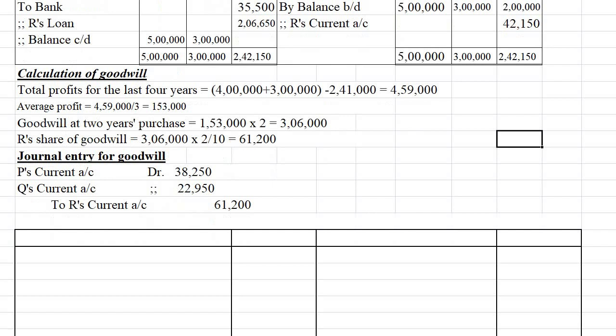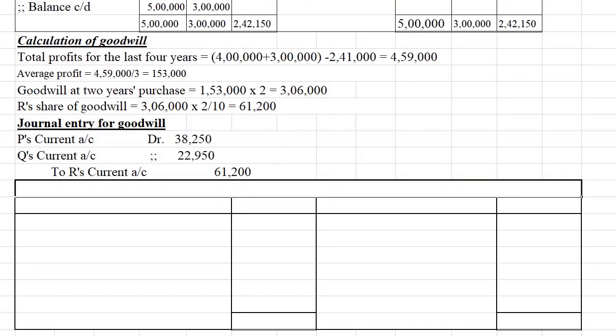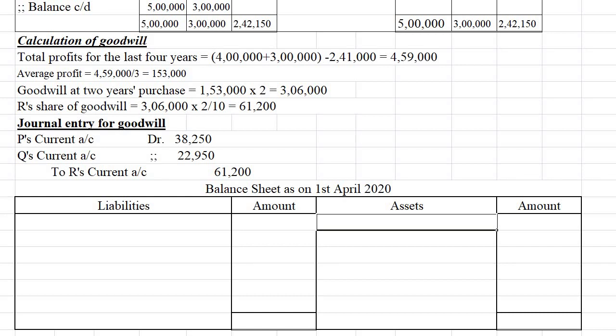Now let us prepare balance sheet. So balance sheet as on 1st April 2020. So that we have to prepare with the heading liabilities amount, asset amount. Let us write the asset one by one. So first asset we have bank balance we have.